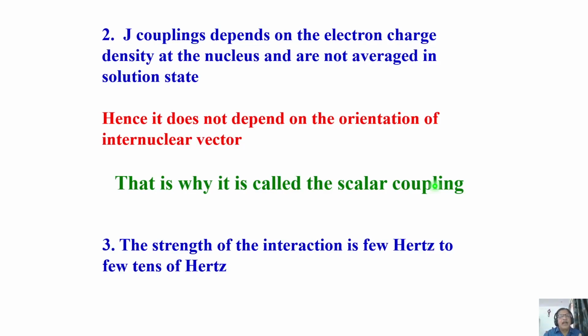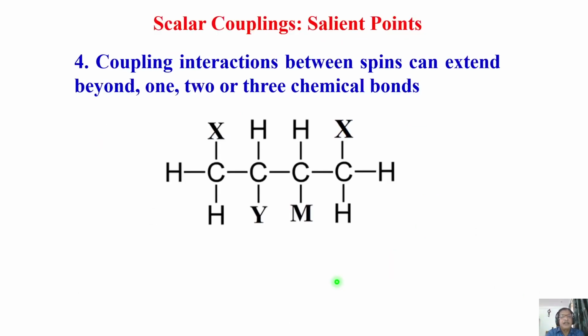Similarly, if they are heteronuclear also we know. Remember, but one thing, the strength of interaction is always from a few hertz to a few tens of hertz. It can be 1 hertz, 2 hertz to several tens of hertz. Point number 4. Coupling interaction between these spins can extend beyond 1, 2 or 3 bonds. It is not always one bond. I just now showed.